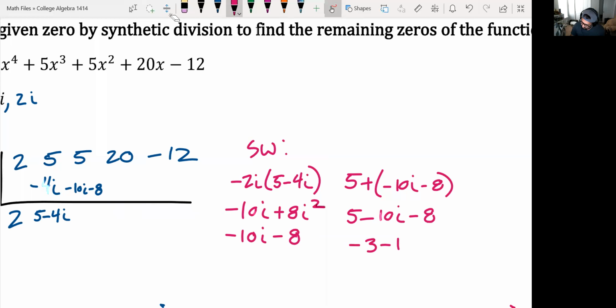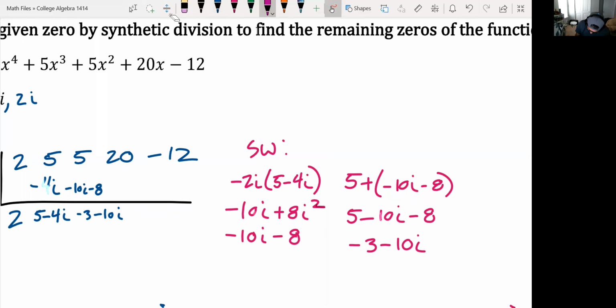Negative 3 minus 10i. So that's what's down here. Negative 3 minus 10i.